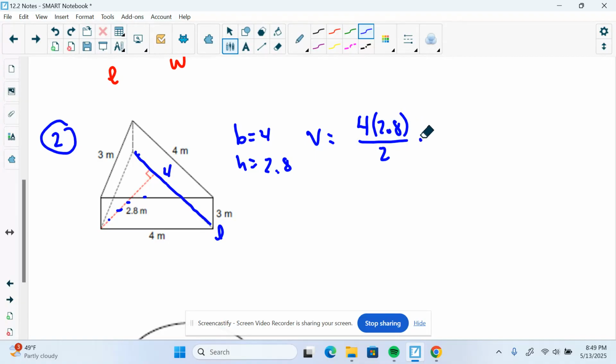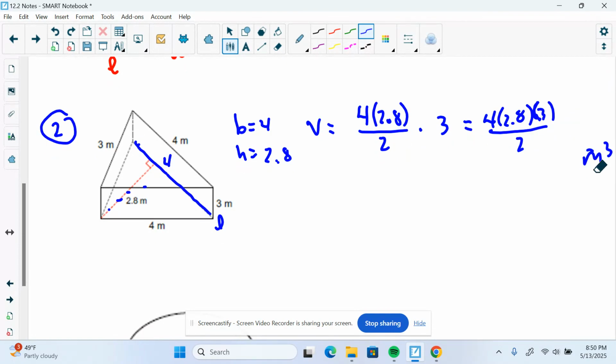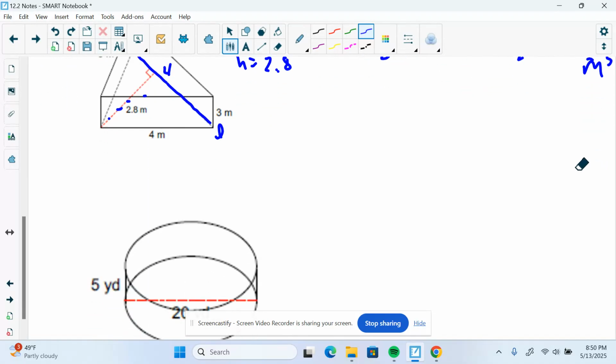And then we're going to multiply that with L. And you could put all this together over a 2 if you wanted. That's the way fractions work. I just do 4 times 2.8 times 3. That whole thing divided by 2 if I wanted to. And I'm just going to let you do that calculation. Just grab a calculator, figure it out, and whatever it is, it will be meters cubed. At this point, it's just some calculator work. Okay?